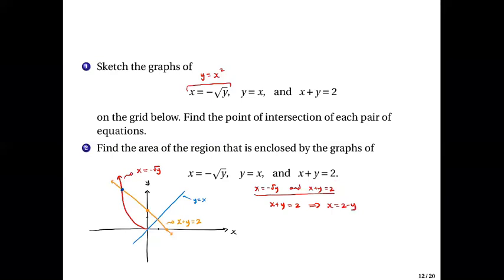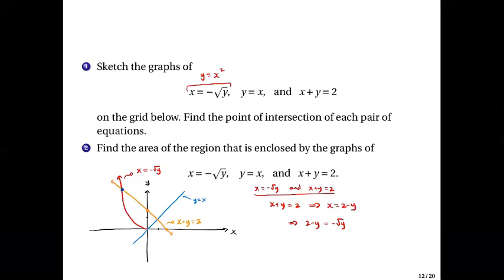And then we substitute this to the equation here, which means that we will have 2 minus y equals negative square root of y. And then we just solve for y, and then we will get the value for x.